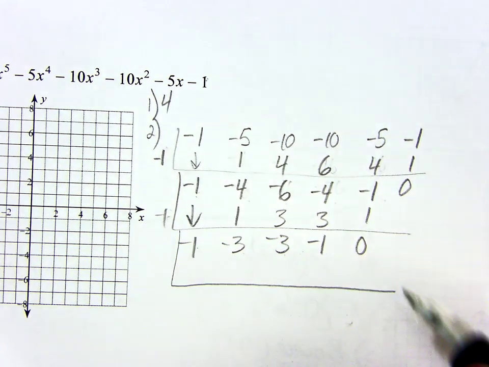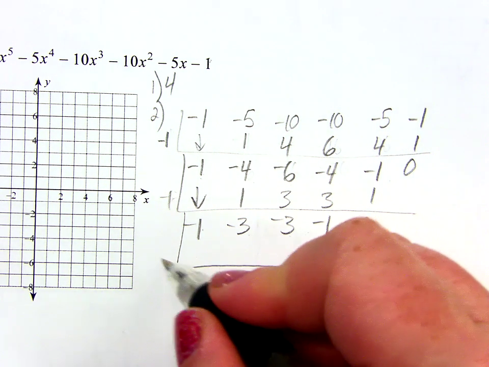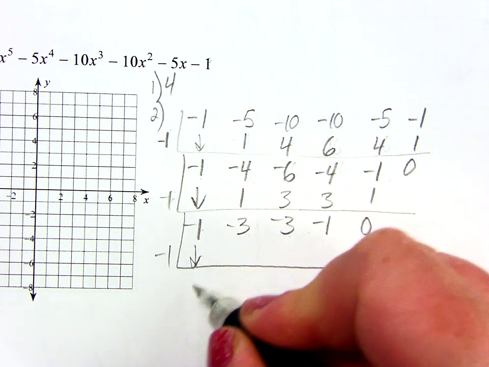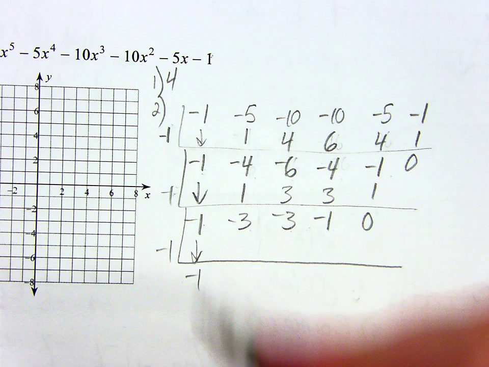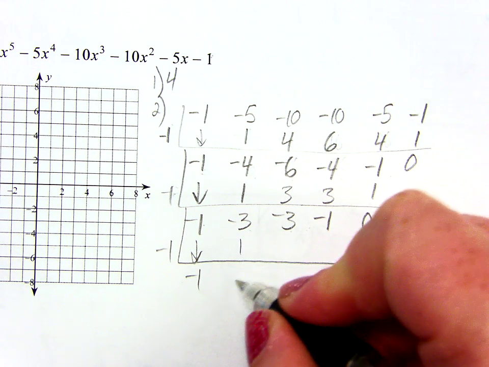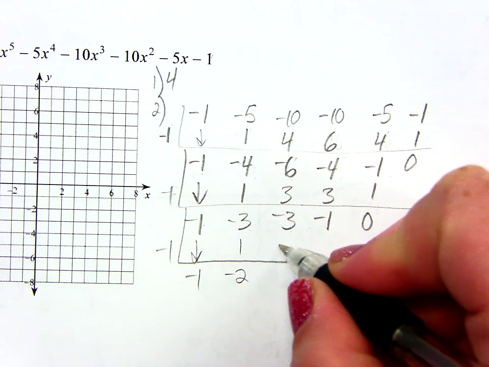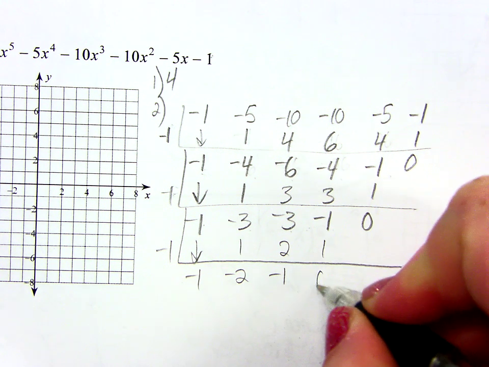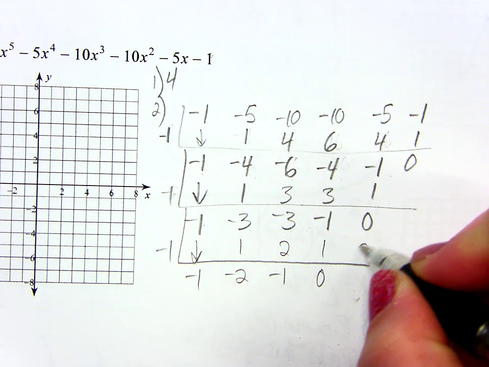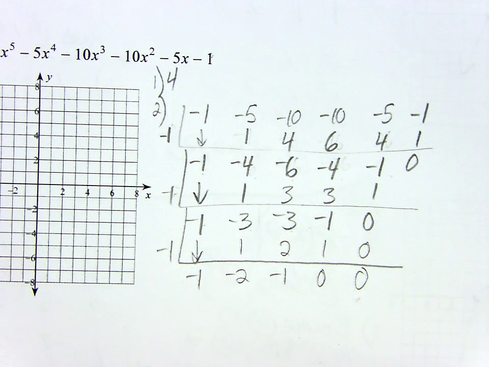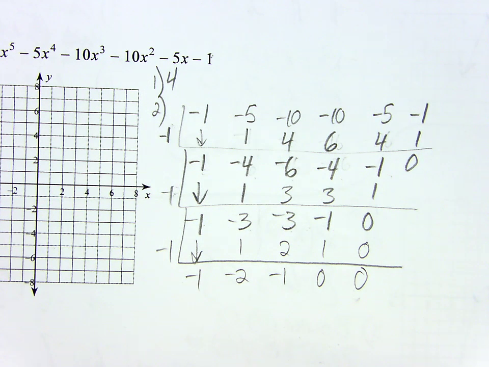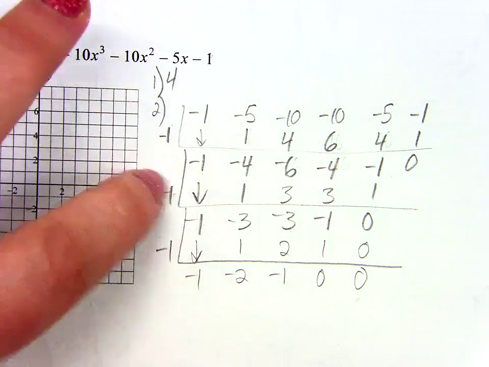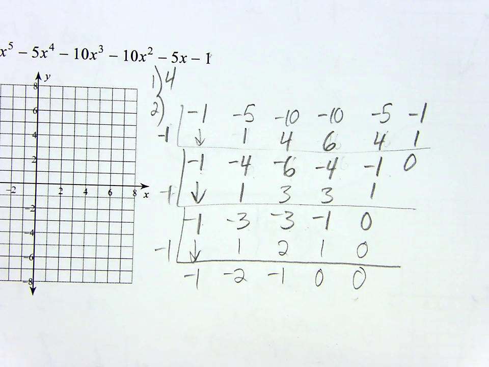So let's just keep going. Oh, I'm close though. Let's plug in negative 1 again. Well, la-dee-da. So, negative 1 has now worked 3 times.